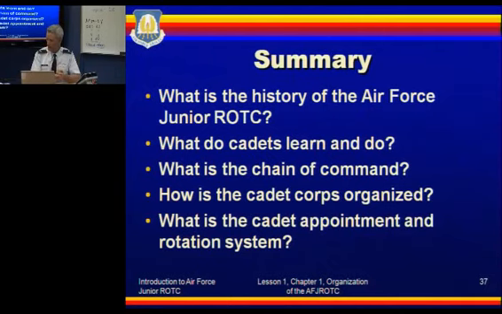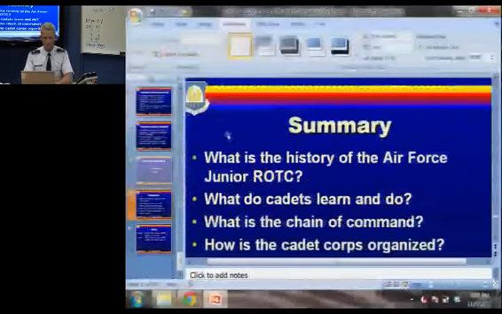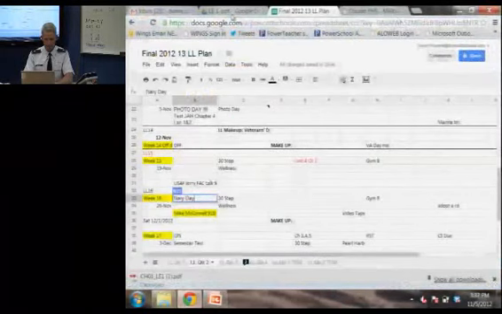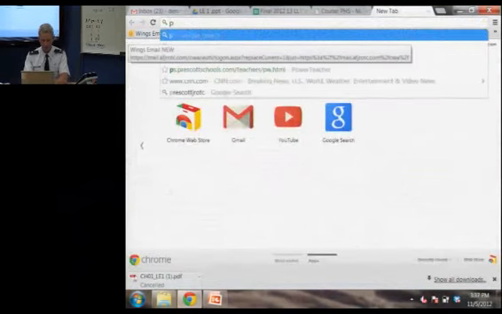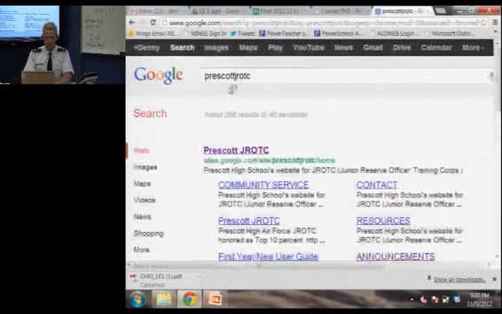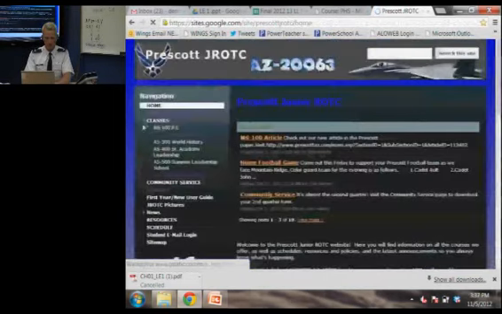That'll be on page 17. While we're here, why don't I go through our announcements, and we can see what the cadets have put up.